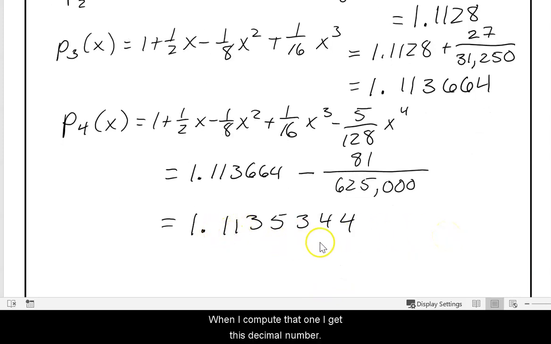When I compute that one, I get this decimal number. This time, I have a 3 in the third decimal place in both cases. And in both cases, were I to round, I would round up. I would call that 3 decimal places of accuracy. So we can stop here. Let's take a look at the next example.